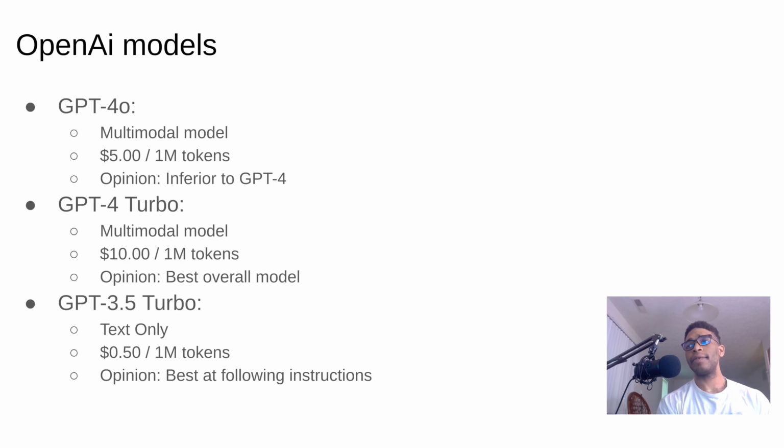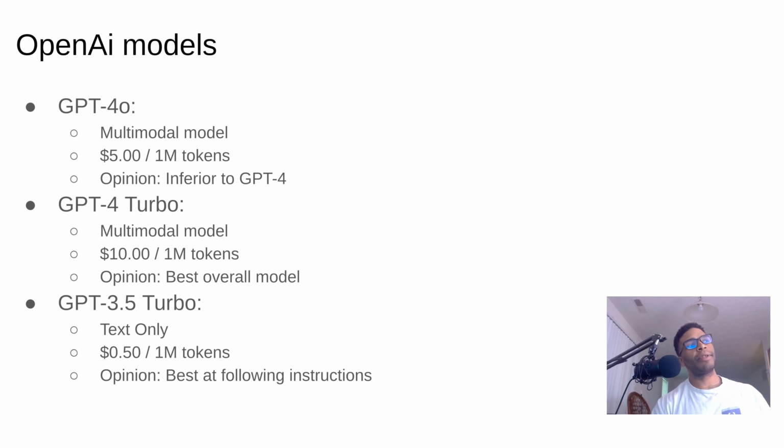If you say respond with the letter A, if I type the letter C, it won't simply respond with the letter A. You have to do a pretty extensive prompt with examples just to get it to respond exactly how you told it to. Whereas GPT 3.5, I find it's the best at following instructions. It might not be the most capable, it might not have the greatest logic, but if you give it a set of instructions, it follows the instructions to the T at a greater frequency than GPT-4o or GPT-4 Turbo.